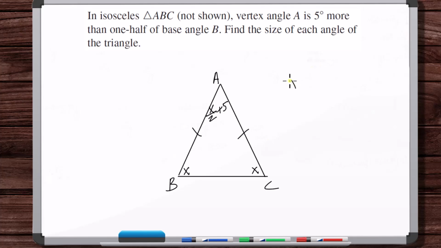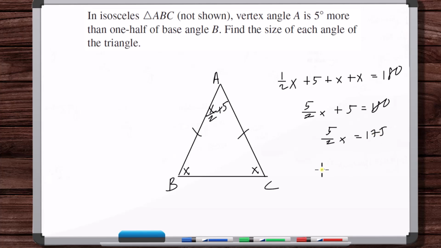Well, we have 1/2 x plus 5 plus x plus x is equal to 180. So 2x plus 1/2 x is what? That's 4/2 x plus 1/2 x, which is 5/2 x. So 5/2 x plus 5 is equal to 180. 5/2 x is equal to 175. x is equal to 175 times 2/5.